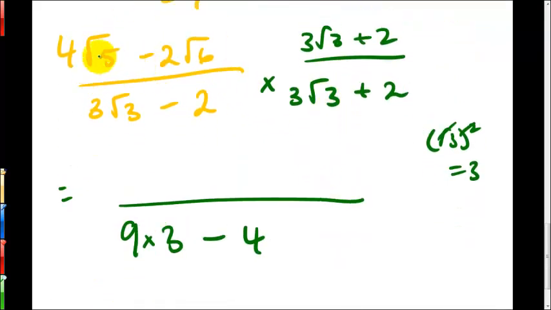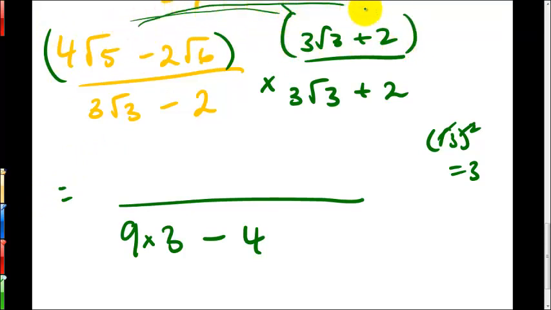Okay, now the one that's a little bit harder. So we're going to look at a double binomial expansion. So all of this multiplied by all of this. Okay, you guys should remember how to do that, but I'll do the arrows just for now. There it is. And then we're going to multiply that. So it's going to be 4 root 5 times 3 root 3, which is 12 from 4 times 3. And then you do the roots together.